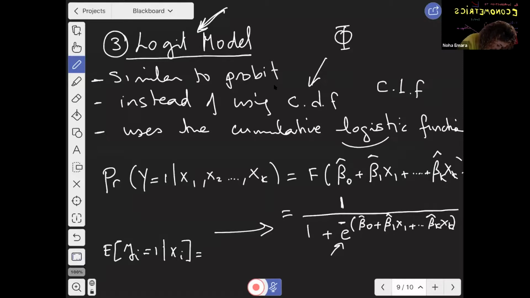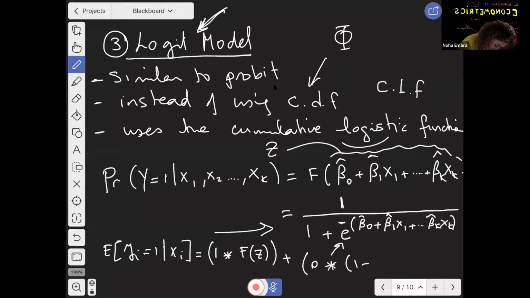My outcome is 1 times a probability, we call it F of z. Whatever is here, just call it z, just for simplicity, okay? Plus the second outcome 0 times 1 minus F of z. So we're just repeating; anywhere I see phi, I just replace it with F. This part is gone because it's times 0. This one is times 1. So the expectation is equal to F of z.